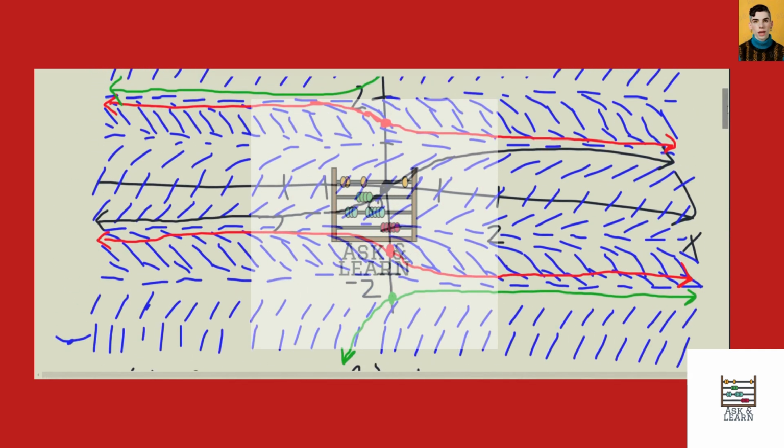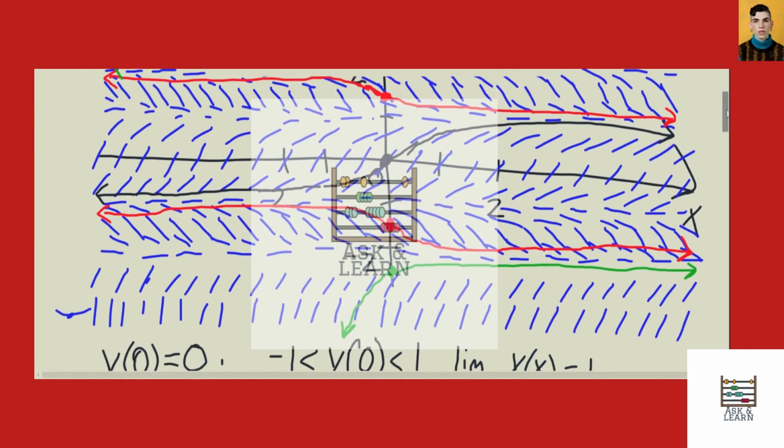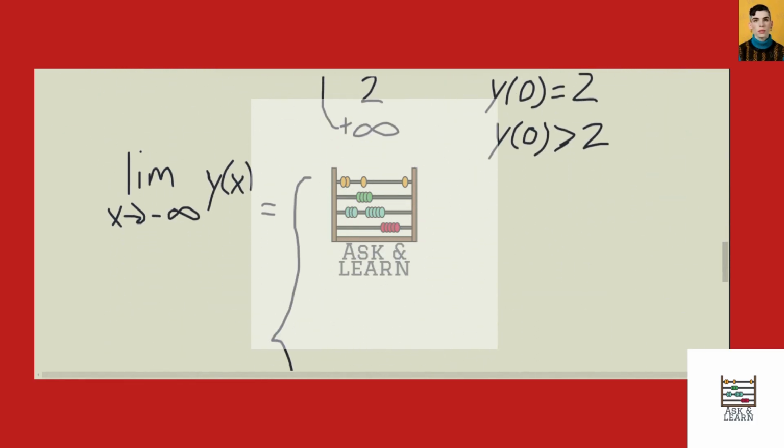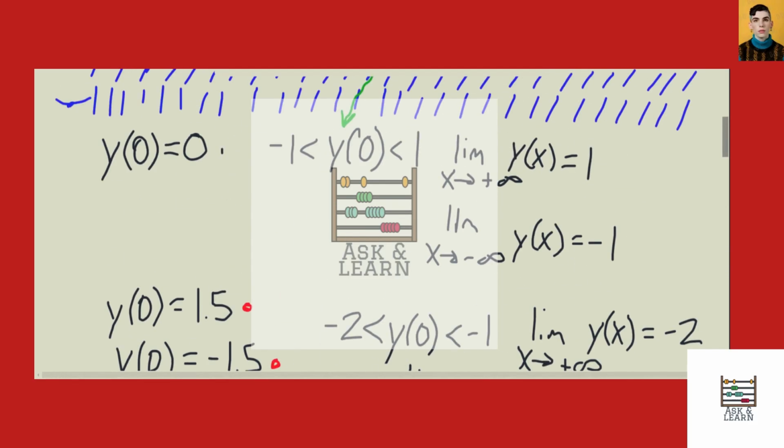We have that if y of 0 is less than negative 2, the limit's going to be negative infinity. If y of 0 is equal to negative 2, the limit's going to be negative 2.